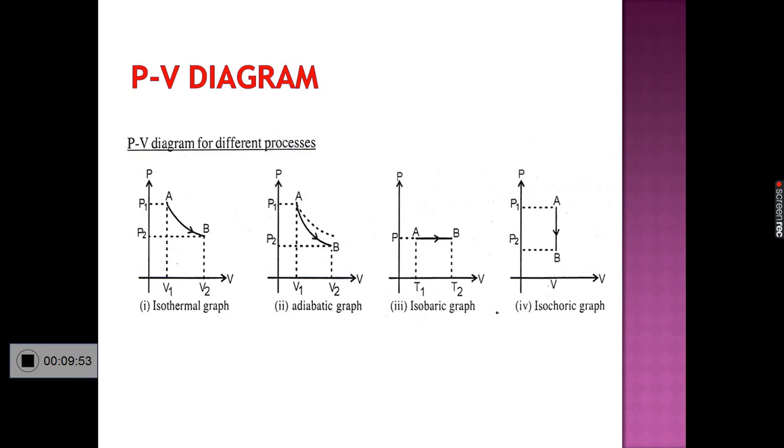Now what is the area under the fourth graph? It is 0. Therefore, the work done in isochoric process is 0 since volume remains constant.